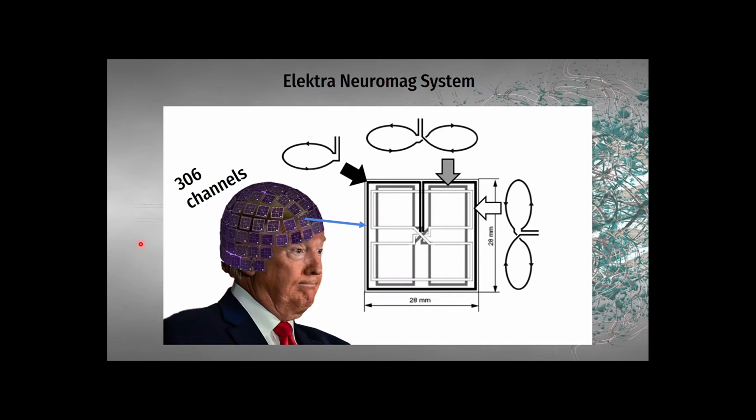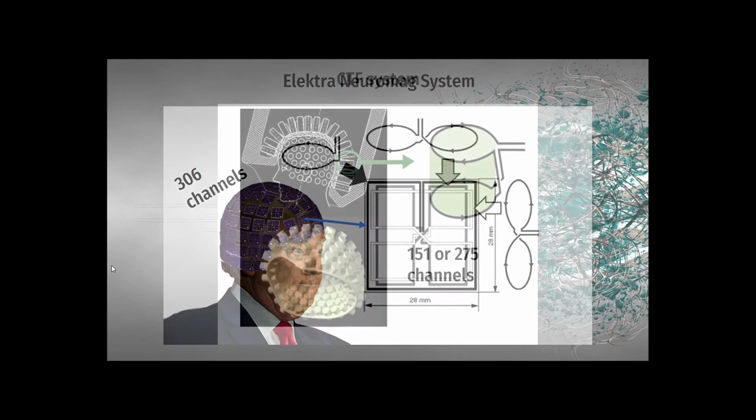Now, multiple configurations are used together to create multiple systems for magnetoencephalography. One of the systems is the Elekta Neuromag system, and this system consists of 306 chips or channels. Now, in each chip there are two planar gradiometers and one magnetometer.